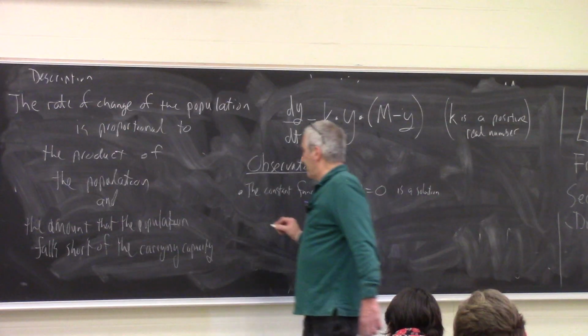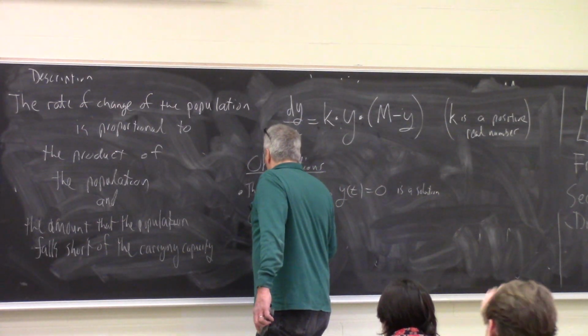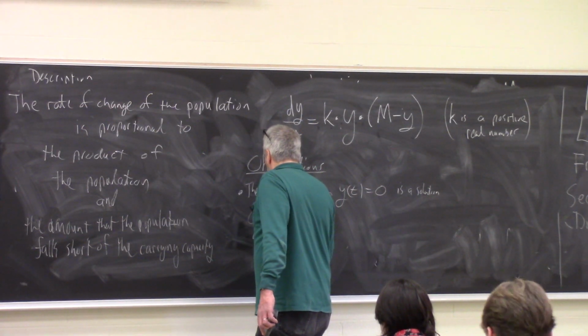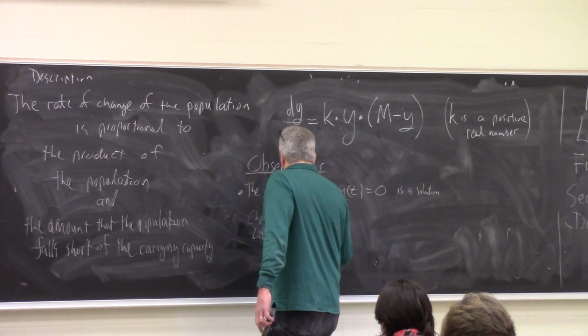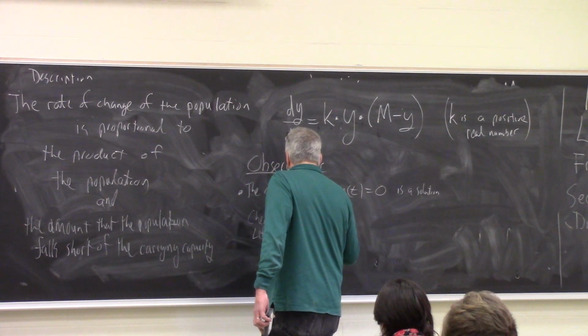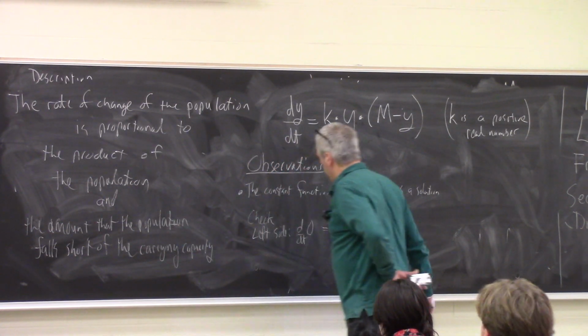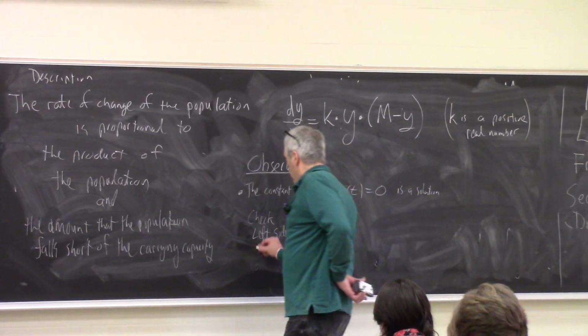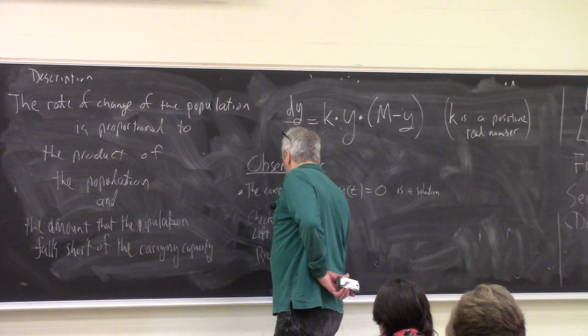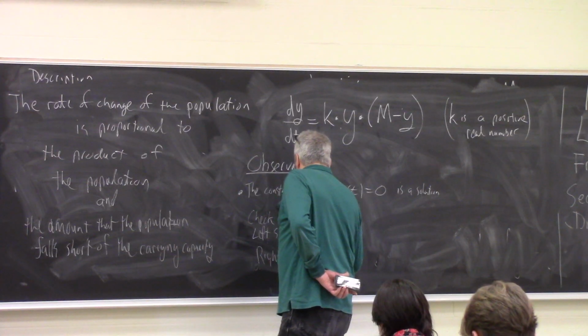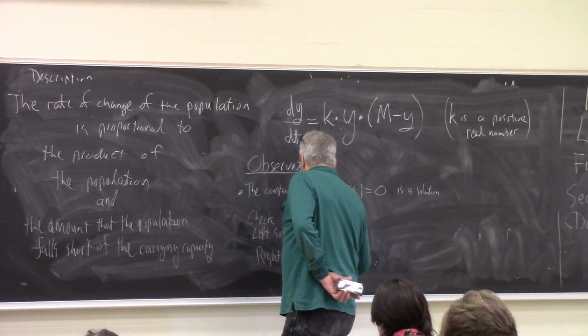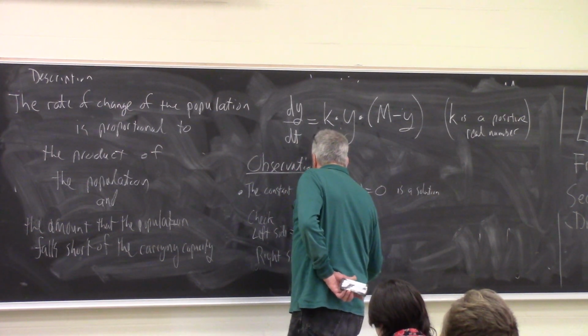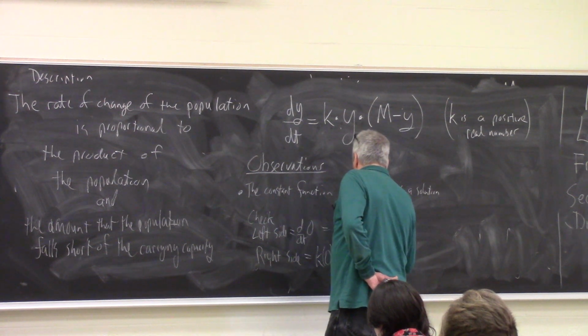So let's check that. The left side is, the derivative of 0 is 0. Okay, great. The right side is k times 0 times (M minus 0).